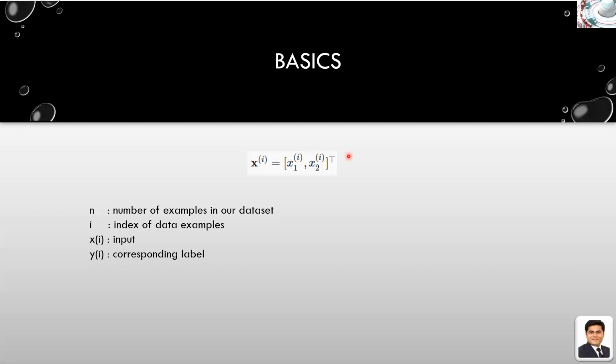Based on these input variables, the corresponding output is y(i), which we denote as a small y with i in brackets. Okay, so this is the very basic thing, and we will learn this type of thing step by step, very quickly but consistently.